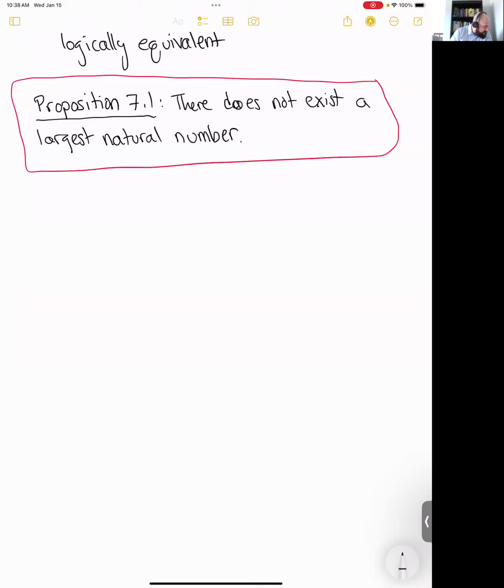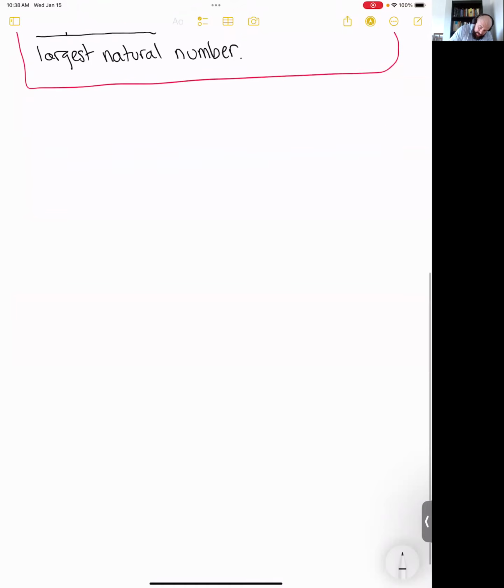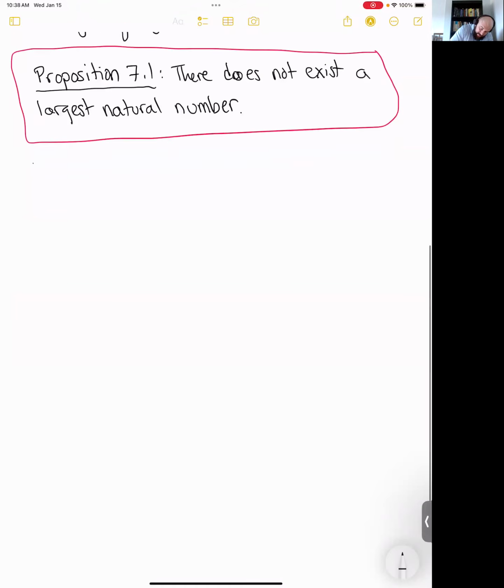Okay, so how do we do this as an idea? So P is the statement of the proposition, let's say. So P is the statement, there does not exist a largest natural number.